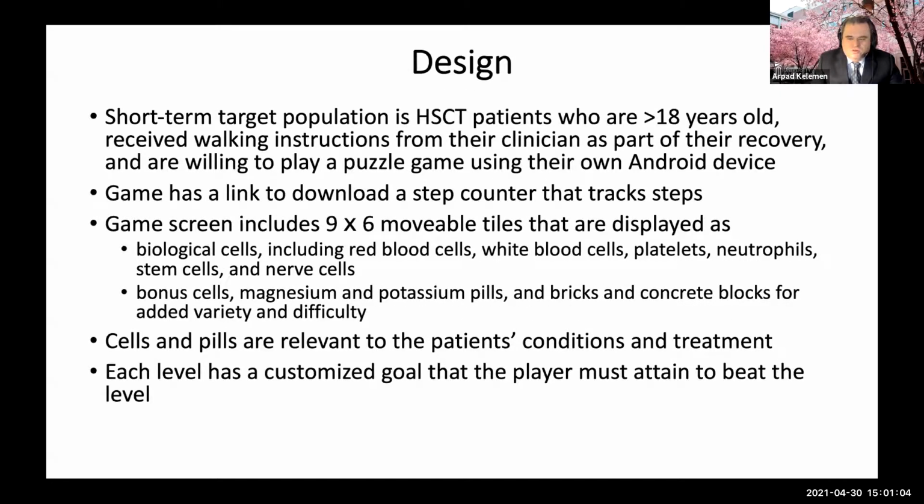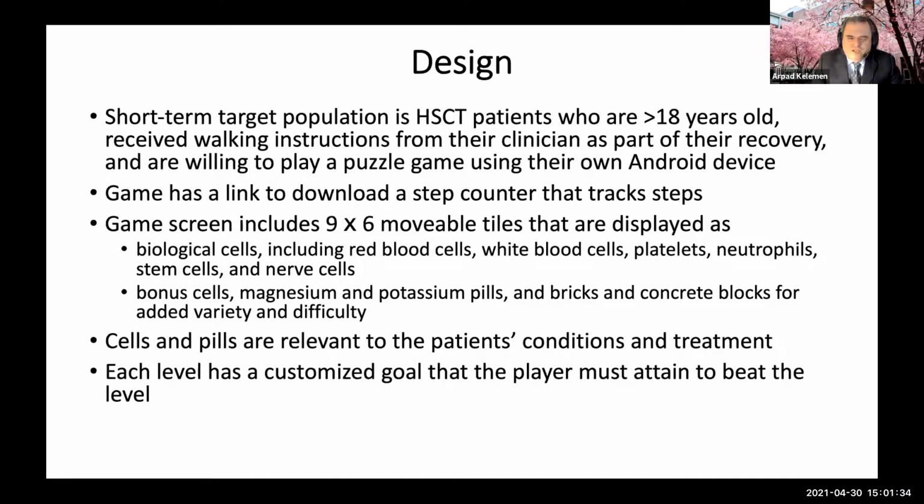So the short-term study goal is specifically for this group of patients who already received therapy at the bone marrow transplant unit at Hopkins. They are older than 18 years, and they already received the instructions about walking, and they know that it's part of their recovery plan, after the medical procedure was already done on them.